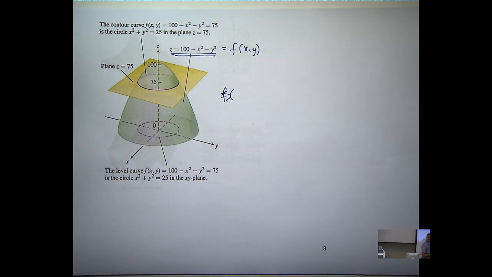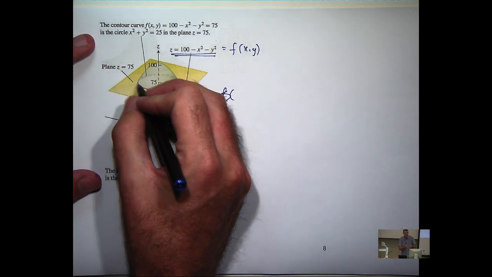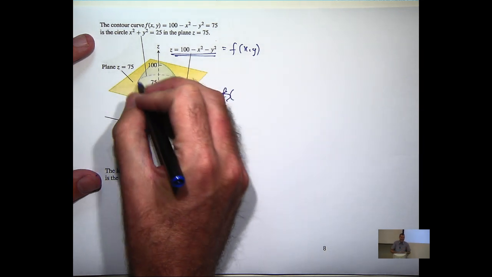Now, in that picture, what's happened is that yellow horizontal plane, which is parallel to the xy plane, intersects the surface, and you'll see we've got a little circular kind of curve there.